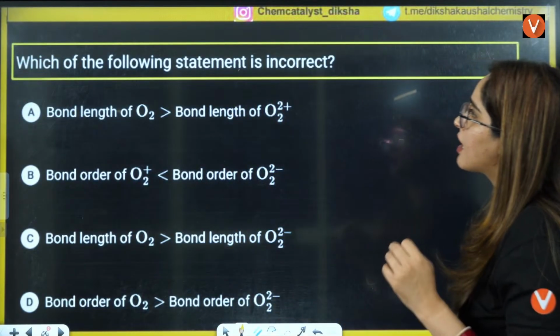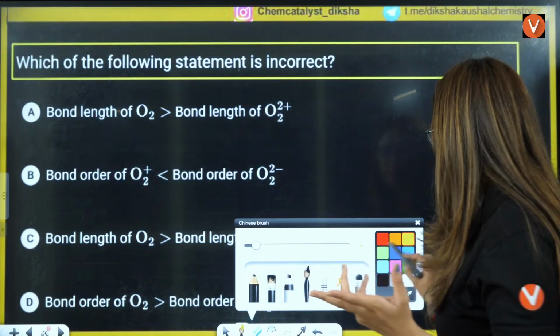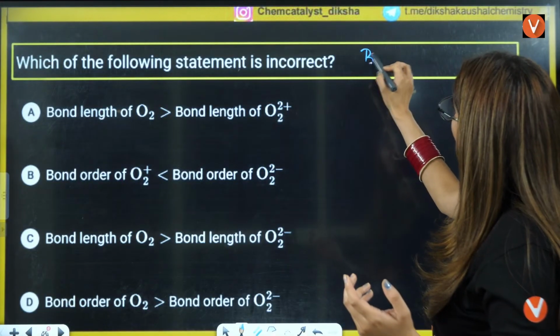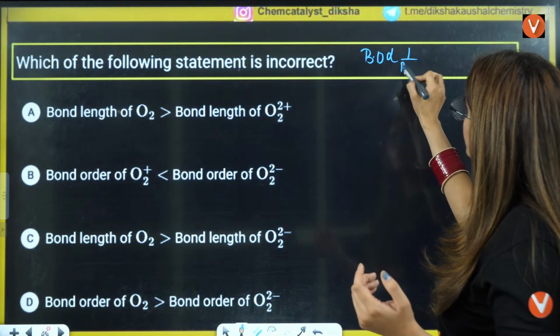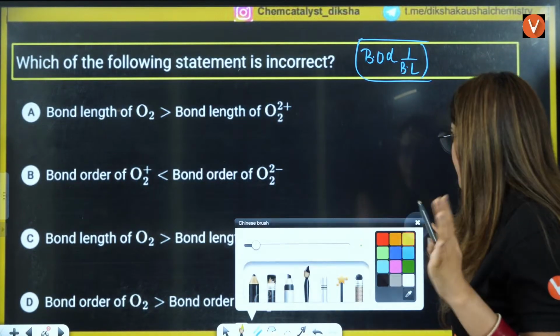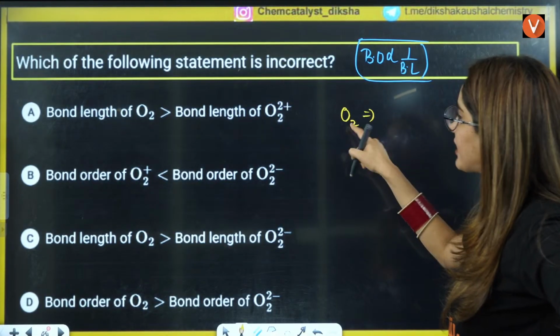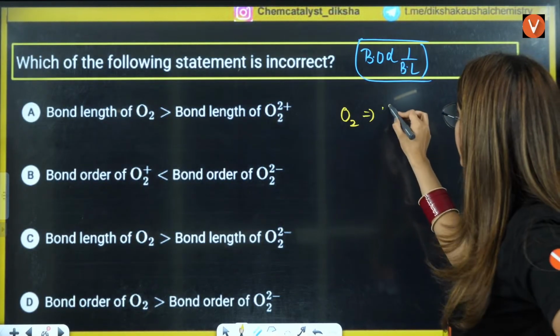Next question is, which of the following statements is incorrect? They are talking about bond length. Bond order is inversely proportional to bond length. So what you have to see is bond order. O2 has how many electrons? It has 8 into 2, 16 electrons.